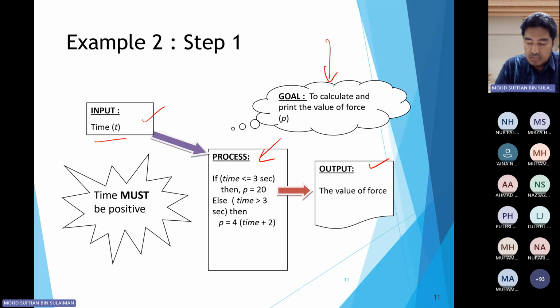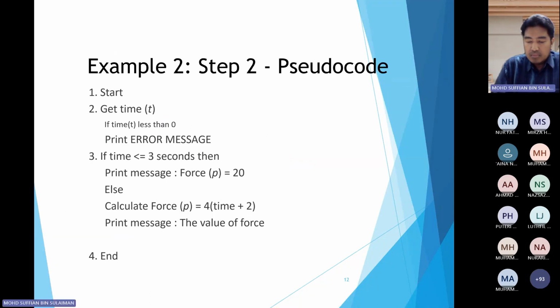Okay, time must be positive. Okay, as usual, this is common sense. Step 2. Okay, get time. Usually in my pseudocode there is no step for the declaration of variable, right?